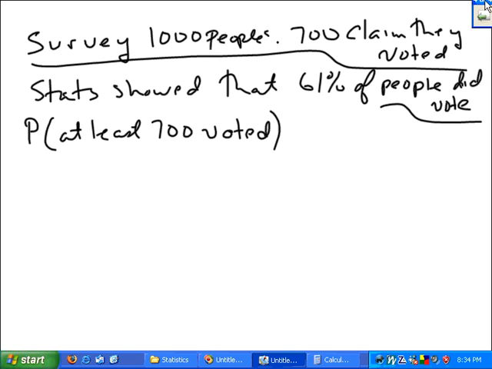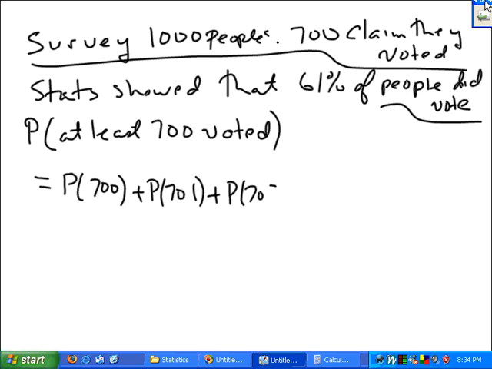So to do this by binomial, you would have to find the probability that exactly 700 voted, plus the probability that 701 voted, plus the probability that 702 voted, all the way up to the probability that all 1,000 voted. Towards the end, at 1,000, 999, 998, the numbers are going to be ridiculously small.